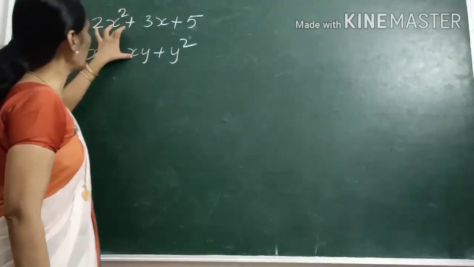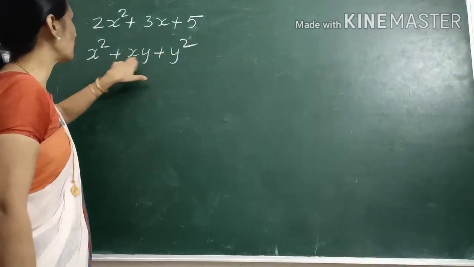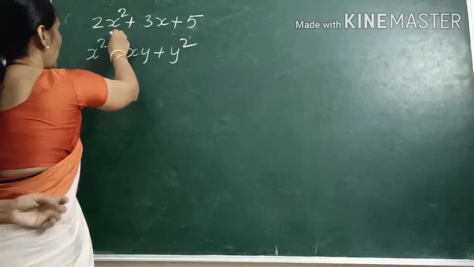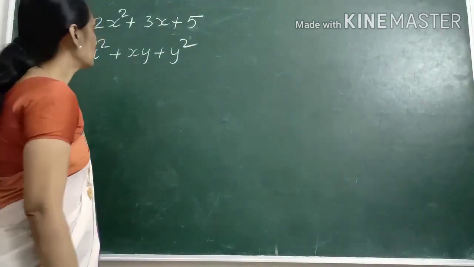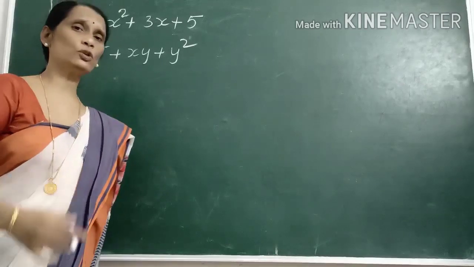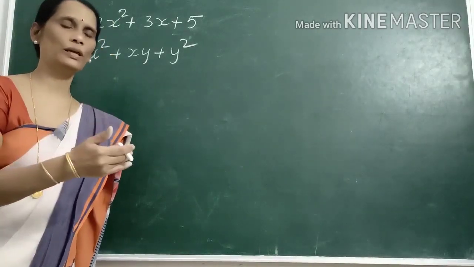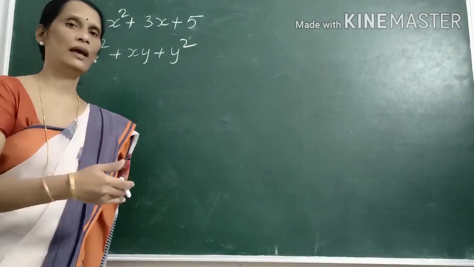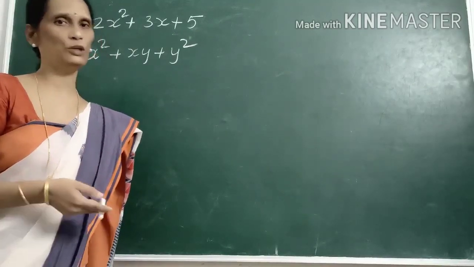Okay, look at these two expressions: 2x square plus 3x plus 5 and x square plus xy plus y square. They are algebraic expressions, right? Algebraic expressions with 3 terms. According to the number of terms, we can call them monomial, binomial, trinomial, quadrinomial, and if more terms are there, we can call it a multinomial.